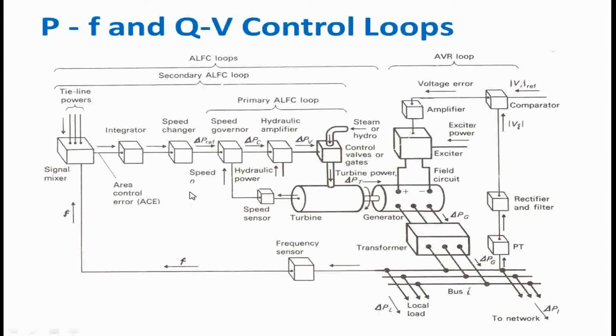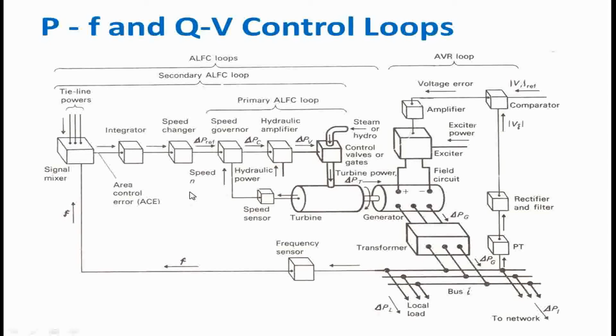Now we'll see the working of load frequency control. Generally we have three types of load frequency control: primary, secondary and tertiary control. In this we are going to look into the first two controls, that is the primary and secondary load frequency controls. The difference between these two control loops is, in primary control loops we are going to adjust the speed in order to adjust the frequency by maintaining the power balance.